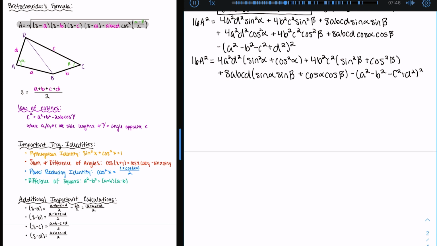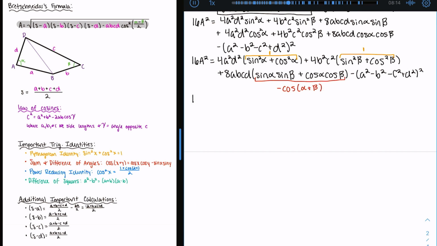So now we can use a couple of our trig identities. From the Pythagorean identity, we know that sine squared alpha plus cosine squared alpha is 1, and also sine squared beta plus cosine squared beta is 1. We also know from the sum and difference of angles that this right here is equal to the negative cosine of alpha plus beta.